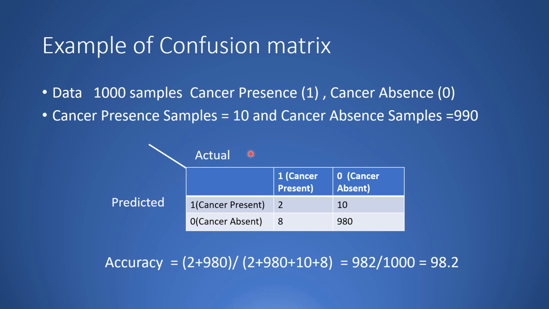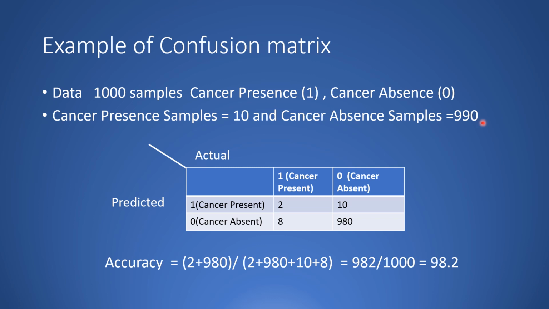Again you have the actual classes, the predicted classes, and the positive and negative classes. If you look over here, out of 10 samples which have cancer, only 2 are predicted as having cancer, and 8 are predicted as cancer absent.